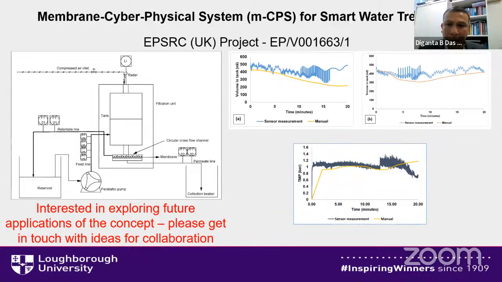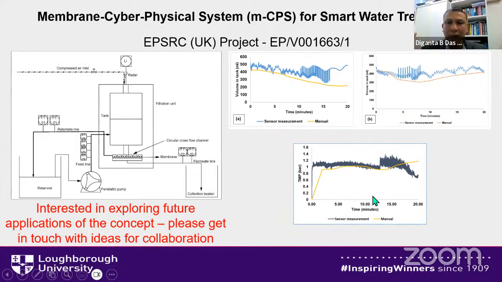What you see on this graph is some data on how the volume of contaminated water in the tank changes with time, and how, for example, the transmembrane pressure (TMP) changes, and the flux, and so forth, with time.